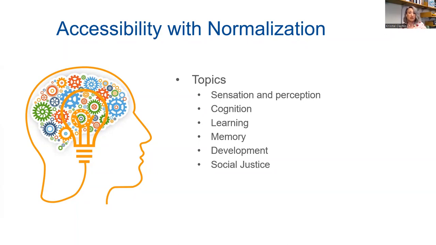So some of these topics could be sensation and perception, cognition, social justice, engineering. So by sparking this discussion, I try to really apply neurodiversity by having real-world examples such as driving and color blindness, young adult hearing loss, mental rotation and engineering, females in STEM, as well as social justice issues.